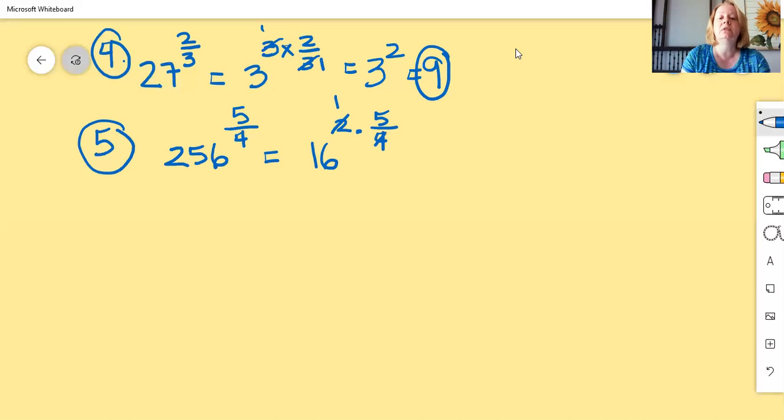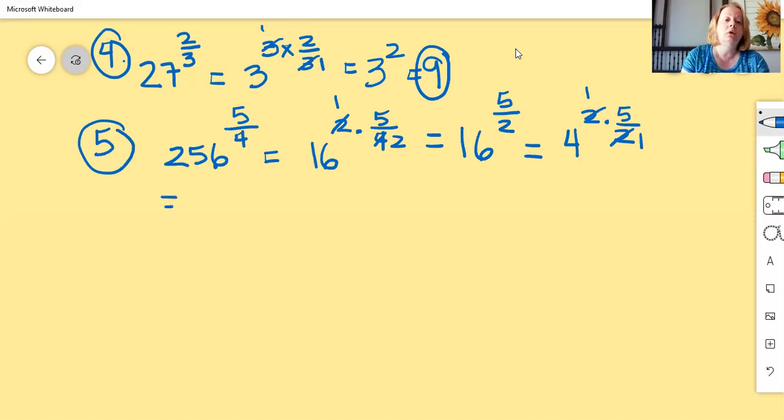This is a 1, this is a 2. So it's going to be 16 to the 5/2 power. Well, I also know that 16 is 4 squared times 5/2. So these are going to cancel, and these are going to cancel, and you're left with 4 to the 5th. So then you just get out your handy dandy little calculator and type that in. It's going to be 1,024.